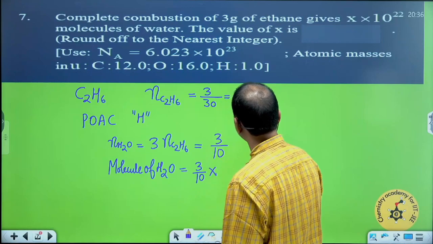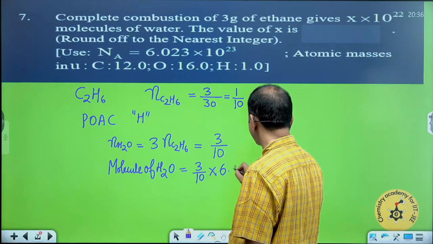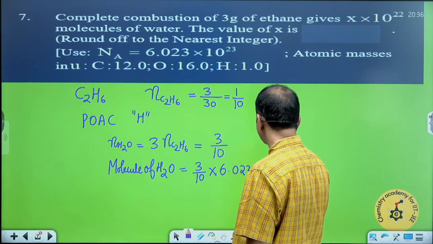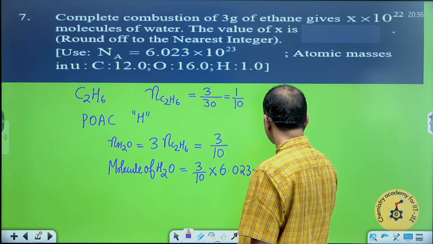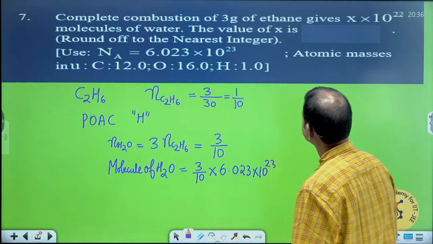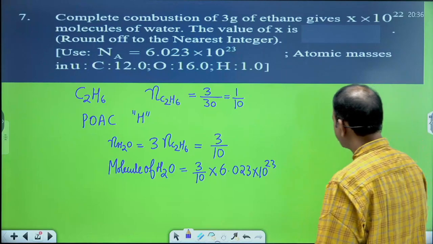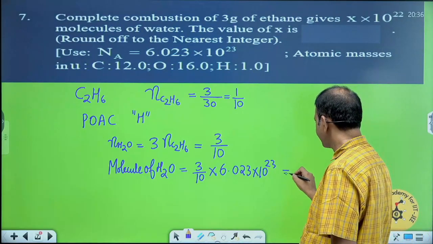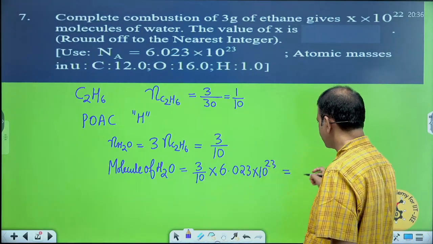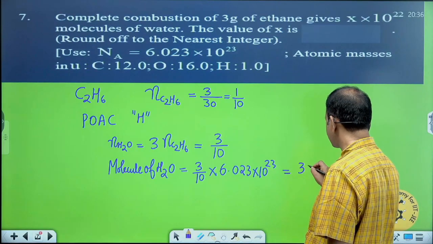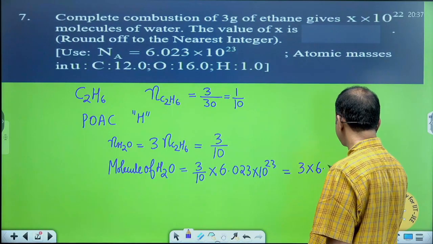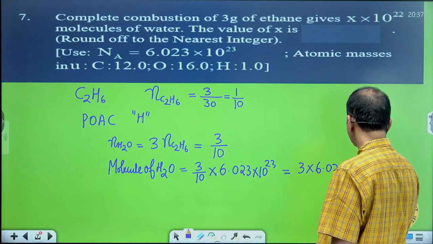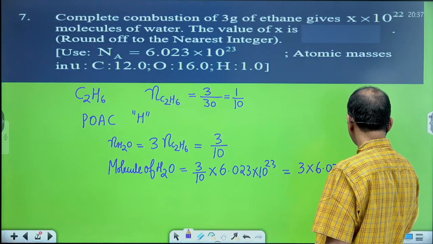The value of Avogadro number they have given is 6.023 into 10 to the power 23. I have to write it as x into 10 to the power 22, right? So if I divide this 10 by this value, I can write that this is 3 into 6.023 into 10 to the power 22.